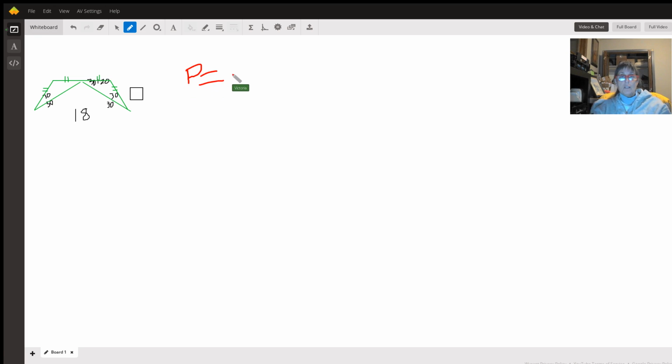It's going to be 18, that's QP, plus 4, pick one of these sides, or we could call them each x, plus 4x, if that's the length of this side. So we just need to find the length of this side.